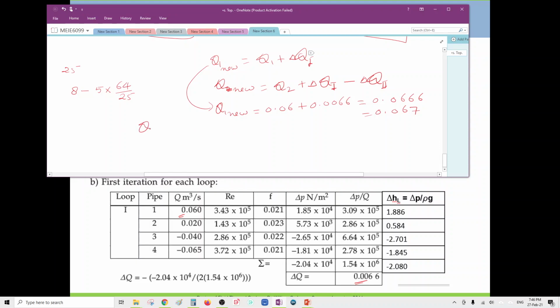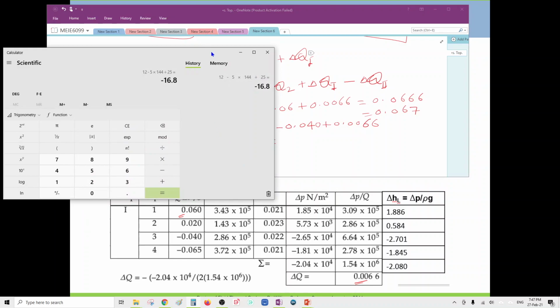And similarly, we can write Q3 new equals Q3 plus delta Q from loop 1. Q3 is minus 0.04, and then plus 0.0066. So when we do this, what is our result?